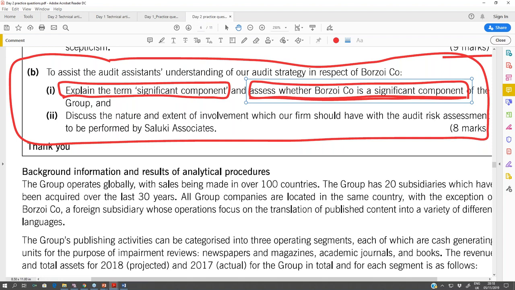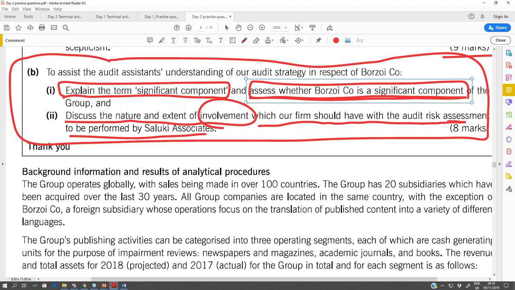Then the examiner wants us to discuss the nature and extent of involvement, what involvement our firm should have with the audit risk assessment to be performed by Saluki. As a group auditor, Whippet, what involvement will Whippet have in Saluki Associates? Saluki Associates is a component auditor, right? So what sort of involvement will the group auditor have with the component auditor?